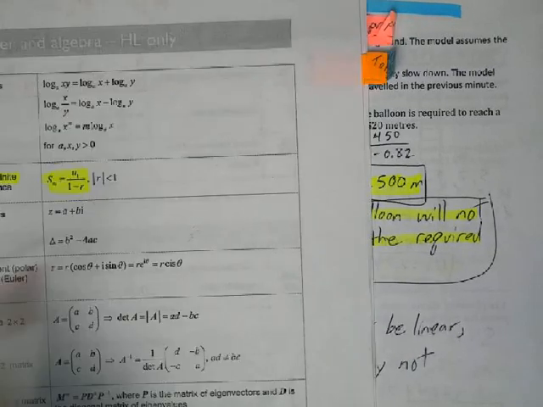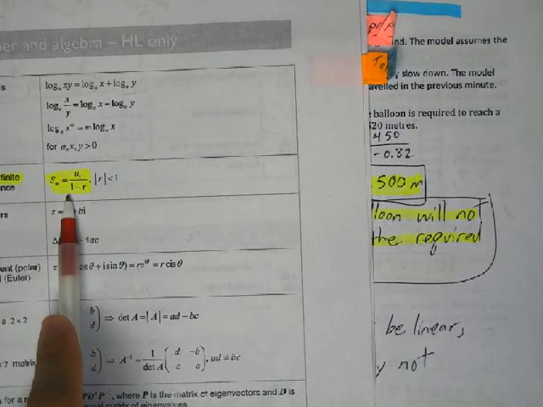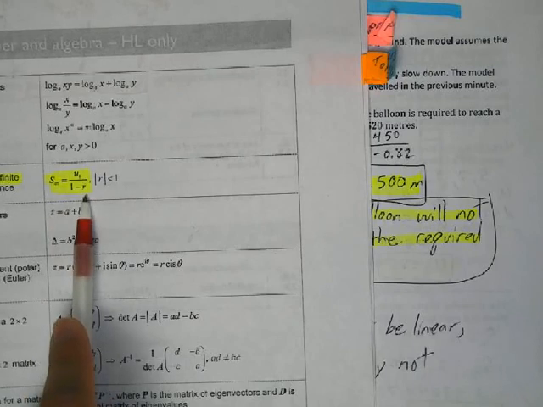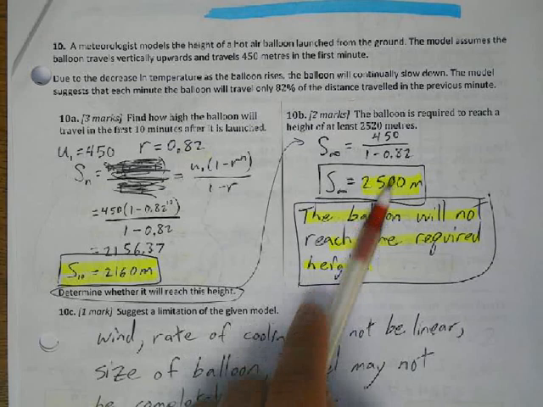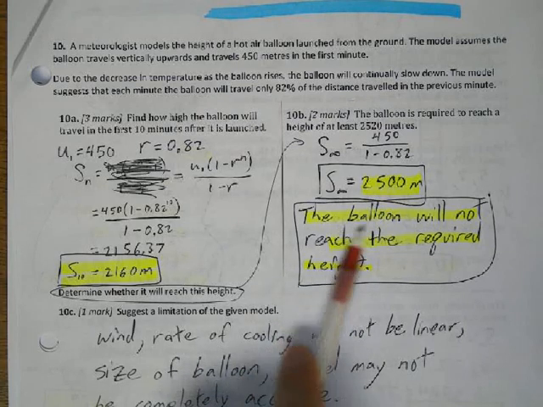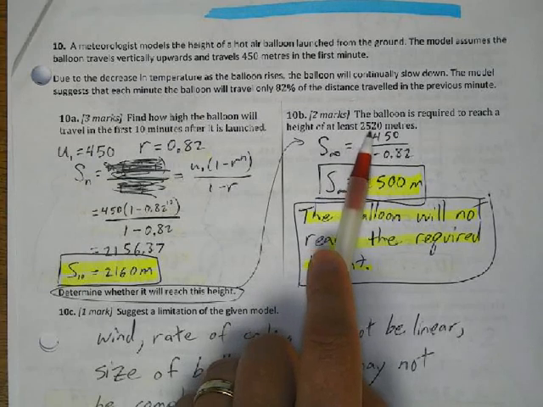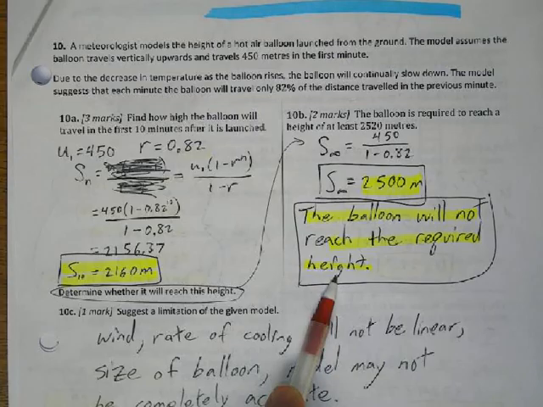So my infinite geometric sequence formula is this. I'm replacing U1 with 450 and R with 0.82. And then we get this value. And so is this value as high as 2,520? No, this is less. The balloon is not going to reach its required height.